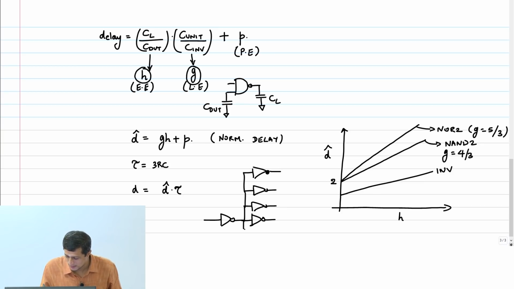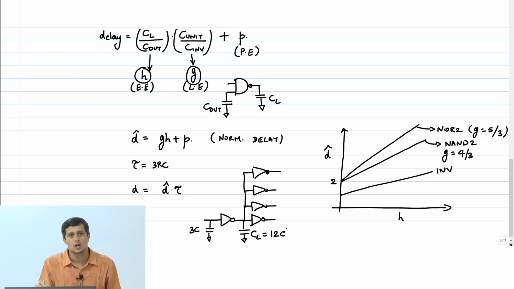So what is the net load capacitance on this load capacitance, CL? No, only load capacitance, not parasitic capacitance. Yeah, 4 times. So let us assume that this guy is presenting a capacitance of 3C. Okay? So what is CL equal to then? 12C.